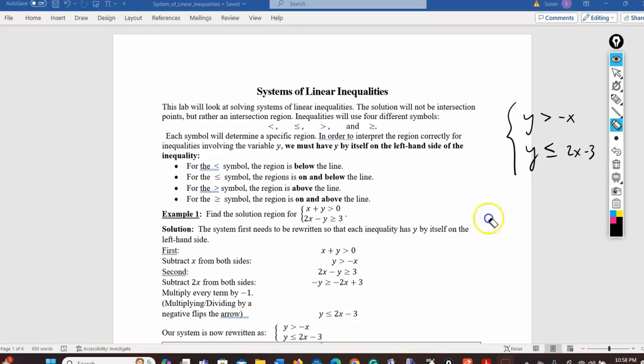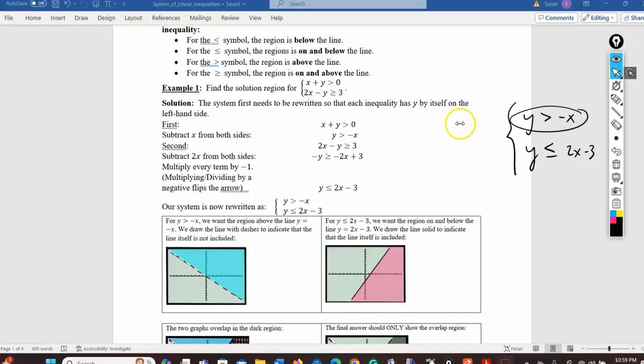Now, what regions am I going to get? Well, let's look at this region. If I look at that one first, we want the region strictly above, because it's the greater than symbol and equality is not included. We want the region strictly above the line y equals -x.